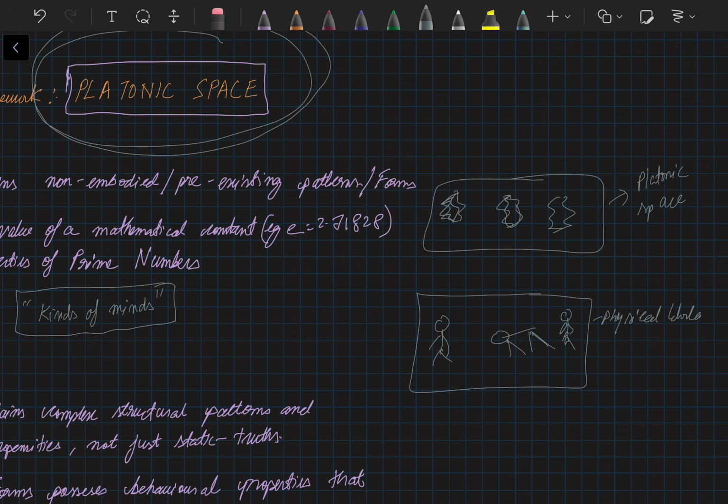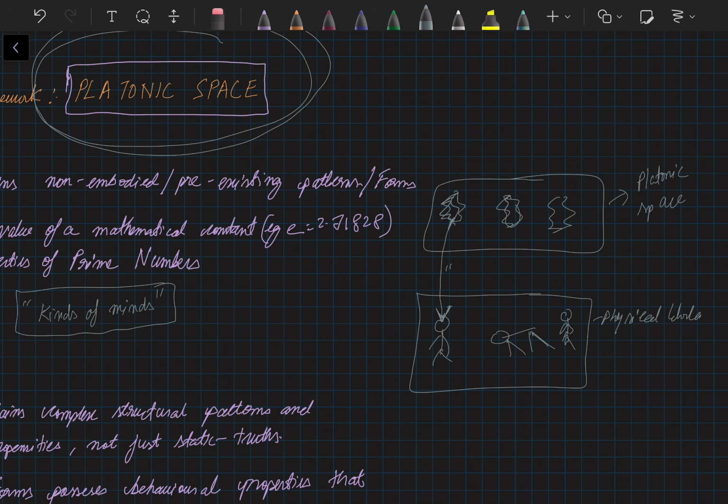So these patterns use the bodies as a medium, as hardware, to manifest themselves in the physical world, which Michael Levin terms ingress. He uses the term ingress. So this thing uses this body to manifest or to access the physical world.